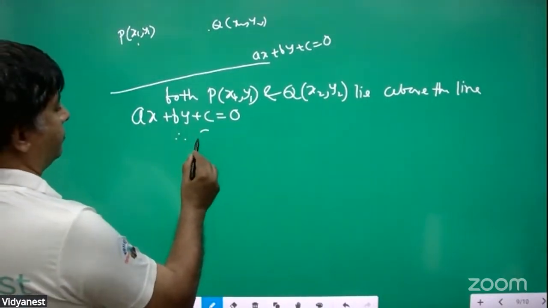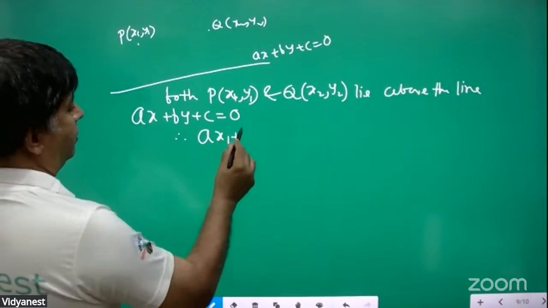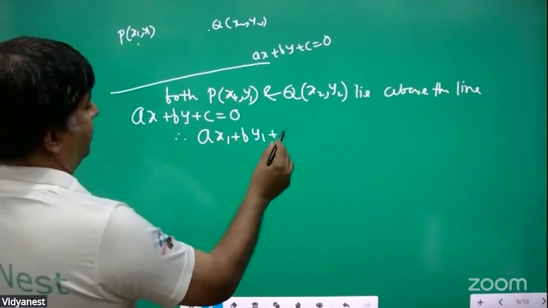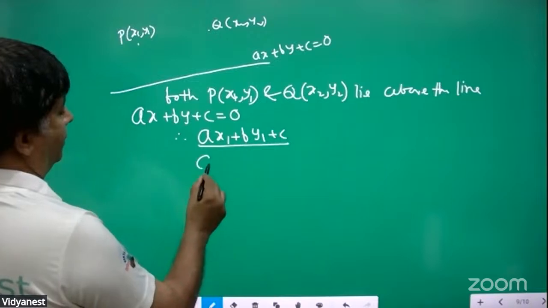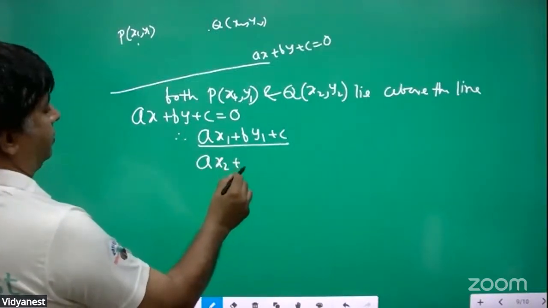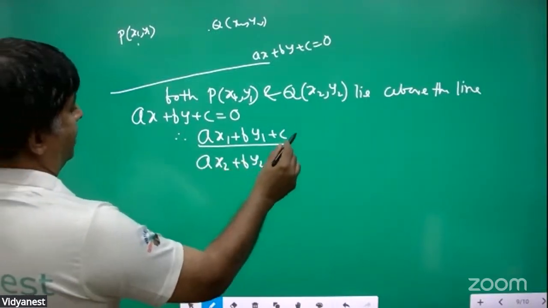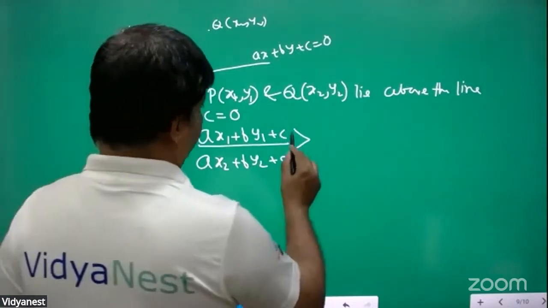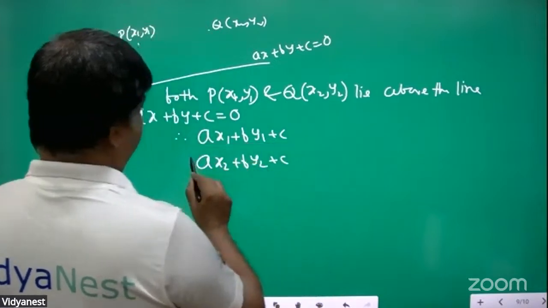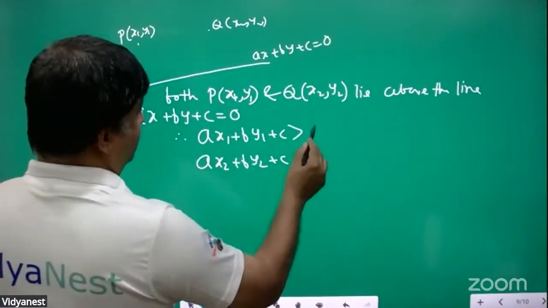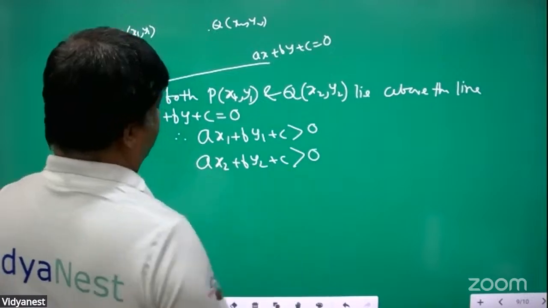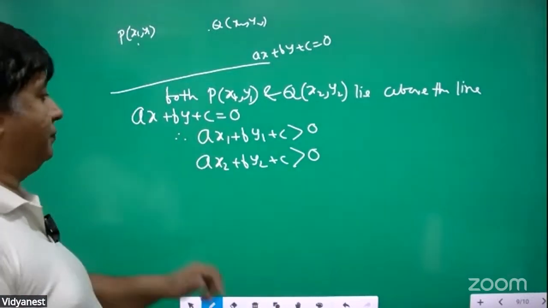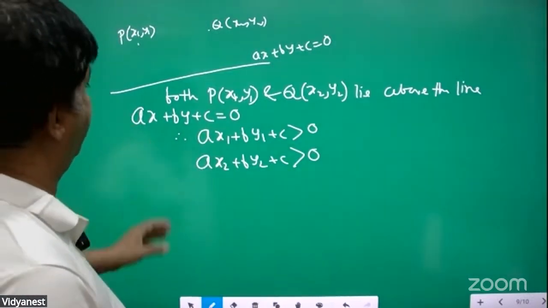Therefore, (x1 + by1 + c) / (x2 + by2 + c), both will be positive. This will be positive, this will be positive. So if you divide, then you will get positive.